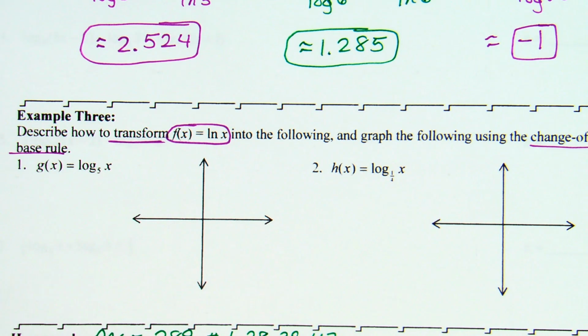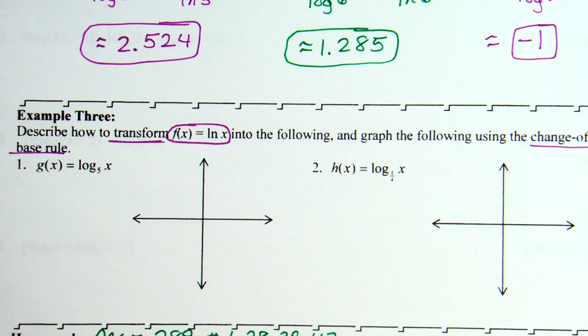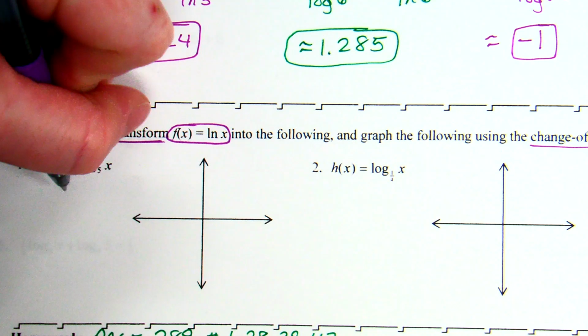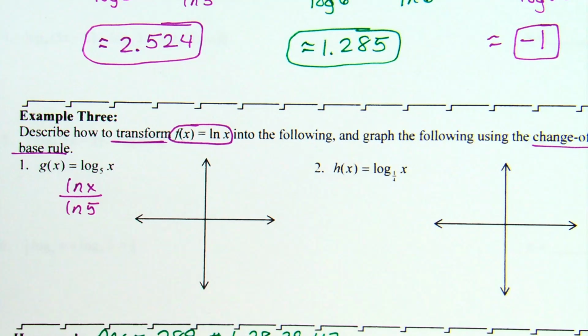Officially we could either say log of x over log of 5 or ln x over ln 5. Which one is more appropriate to use based on the directions? Natural log. So I'm going to rewrite log base 5 of x as natural log of x divided by natural log of 5.